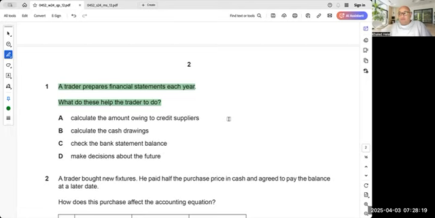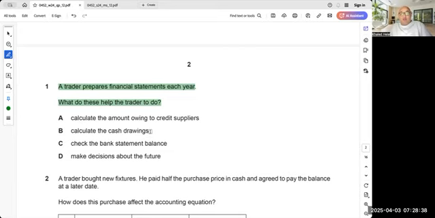I'm sure they won't wait until they prepare financial statements to know the amount owing. They have on their books a sales ledger or purchases ledger, so they know daily how much they owe each supplier.